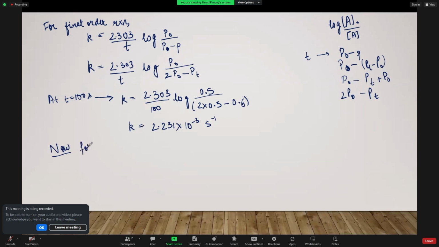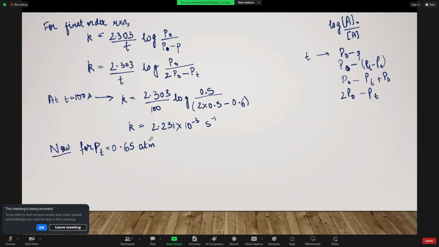Now for pt, when the total pressure is 0.65 atm, when we do the calculation for this, because see, we cannot apply the integrated rate law over here.